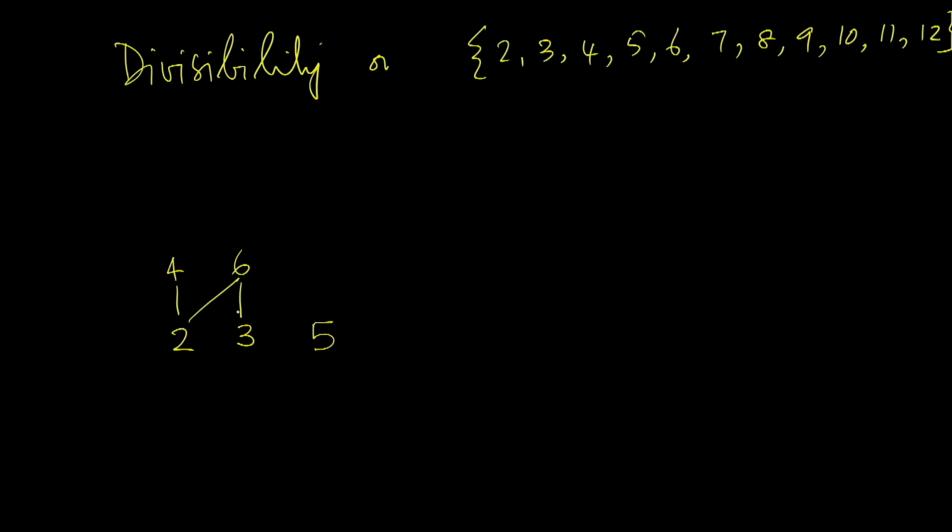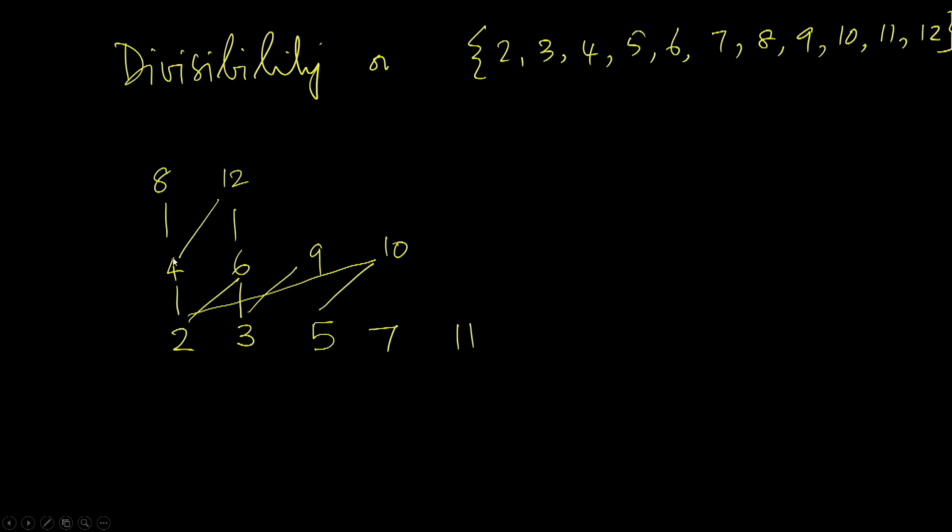So, we have edges from 2 and 3 to 6. 7 is a prime. 8 is a multiple of 4. 9 is a multiple of 3. 10 is a multiple of 5 and 2. 11 is a prime. 12 is a multiple of 6 as well as 4.